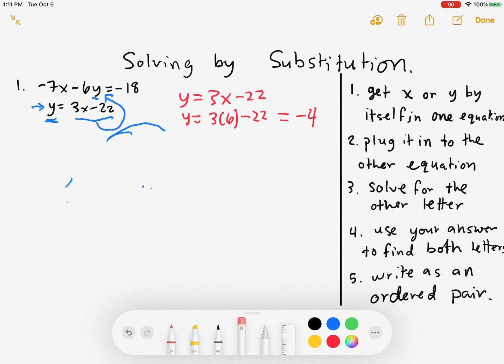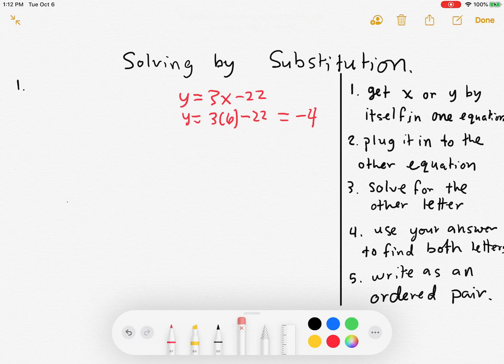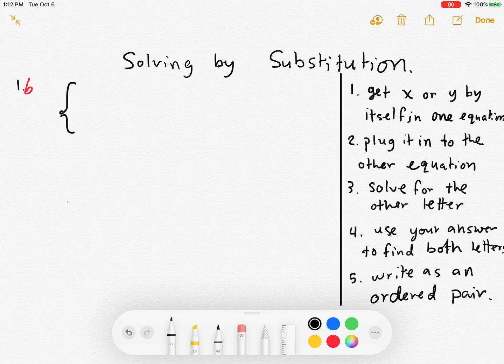So keep in mind, a system of equations is two related equations. Sometimes you'll see them with a fancy bracket. I'll make sure to write the fancy bracket so you can see it. It means the exact same thing as the other one, it just has a fancy bracket on it. So we're going to do number 16 now from the homework.